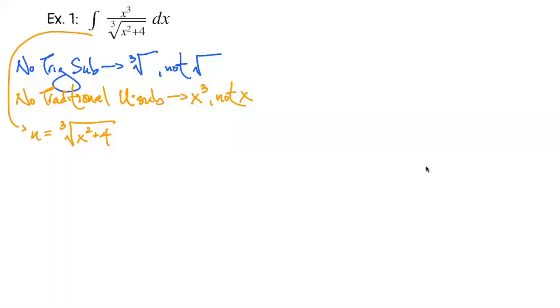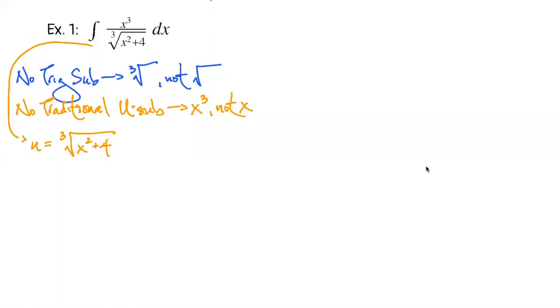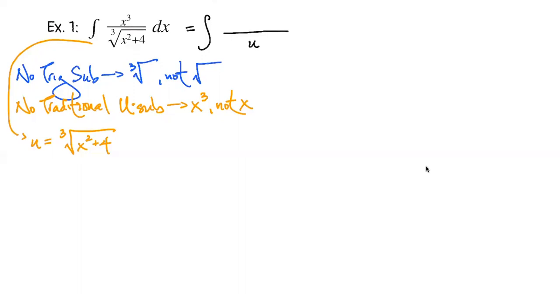Now, if we have the whole denominator equal to U, and we start to think about our substitutions, we end up with just U in the denominator. But we have to substitute everything else as well, meaning we have to substitute the x cubed and the dx. So when I find my dx, I can simplify this step right here so that it's easier to take a derivative.